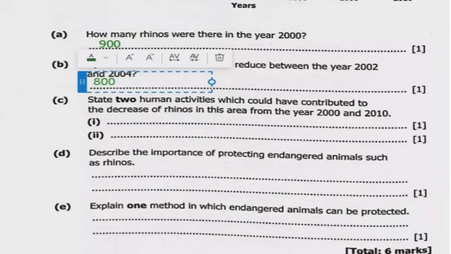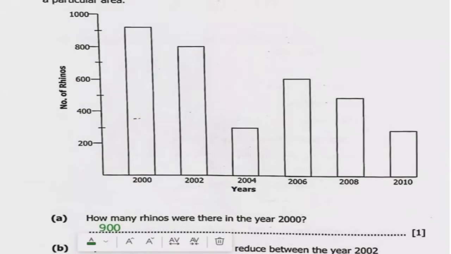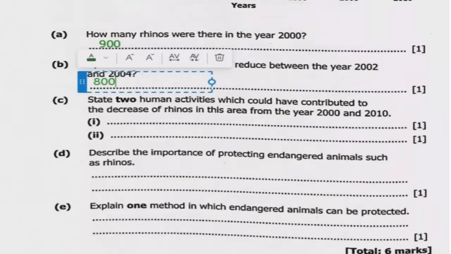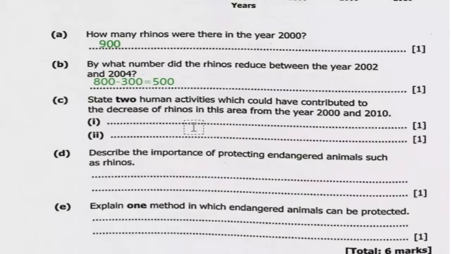Then 800 minus, in 2004 they were 300, so minus 300. When we find the difference of 800 and 300, we get 500. So that is the answer.